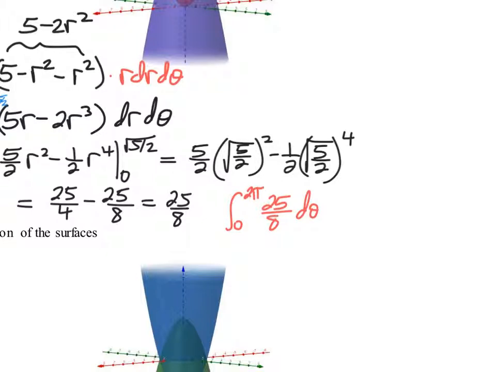Not something that we need a calculator for, as it turns out. It's just 25 theta over 8, going from 0 to 2 pi. Pop in the 2 pi.